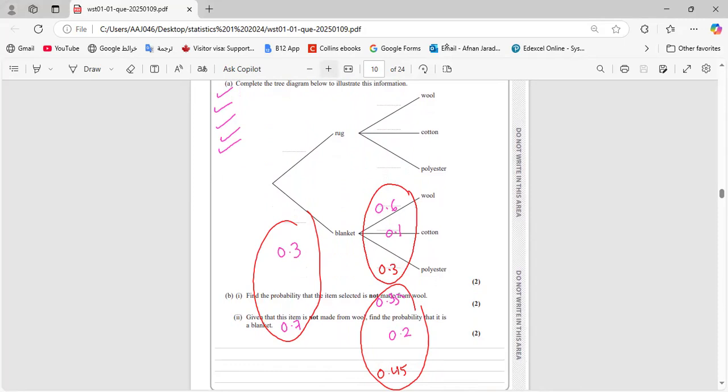The question is to find the probability that the item selected is not made from wool.